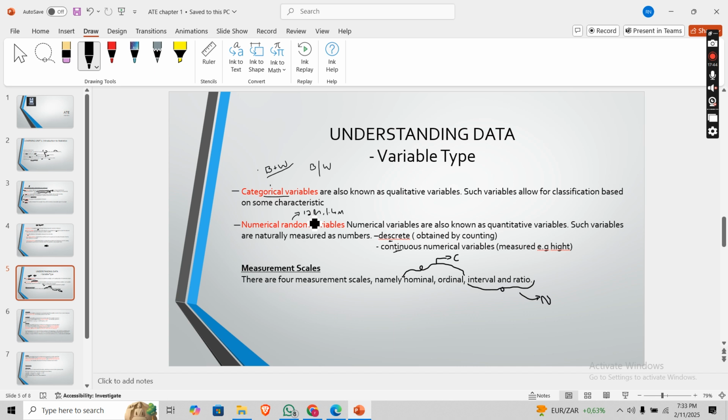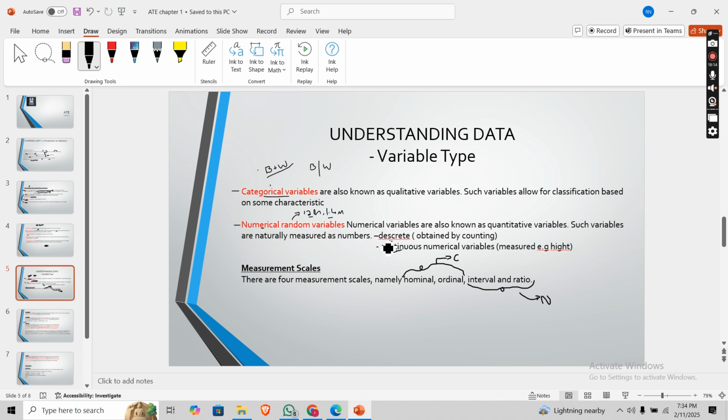I'm allowed to add this 2 meters to 1.4 meters, and I'm also allowed to subtract 1.4 meters from these 2 meters. So I can perform arithmetic operations on the data, which makes them numerical random variables. That's how we identify them.